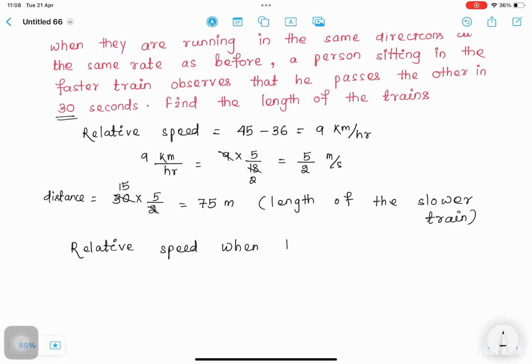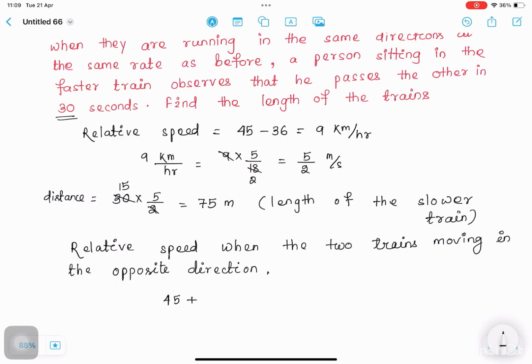Let me write. When the two trains are in opposite directions, write down 45 plus 36.